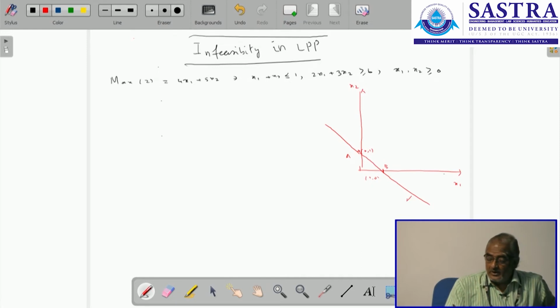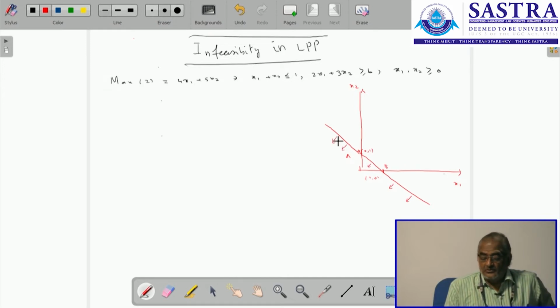So, I have to draw arrows facing towards the origin. Now the feasible region corresponding to this inequality can be stated as the collection of points that sit below this line 1, and this line 1 is given by x1 plus x2 less than or equal to 1.